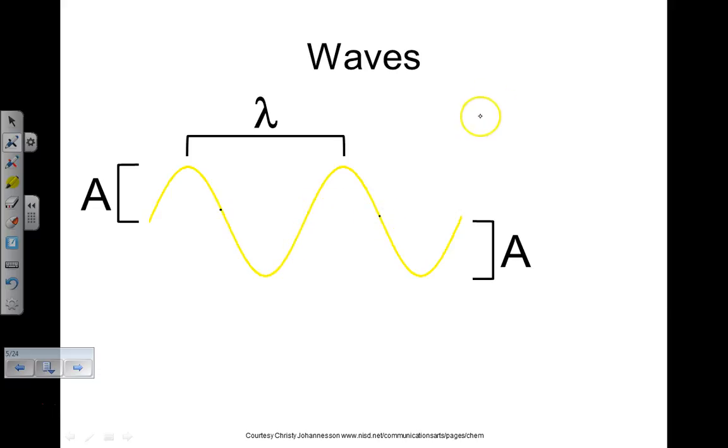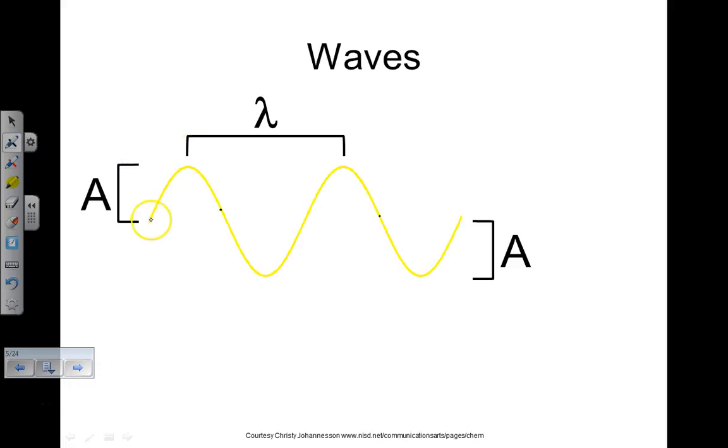Now, the reason why we use crest to crest is because it's easy. When we're going from any point to the same point on the next wave, sometimes we get confused and we're like, oh, it's right there. But unfortunately, this one's going down, and so we have to go find the place where it's going down. So it's just easier if we take the wavelength from crest to crest. It's standardized. And the amplitude here is the height of the wave.